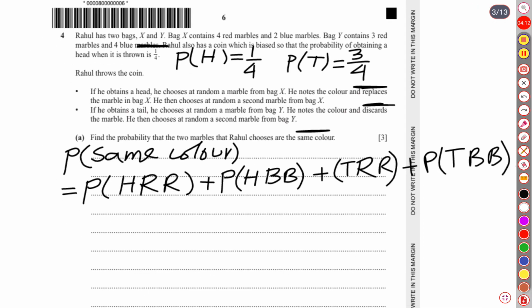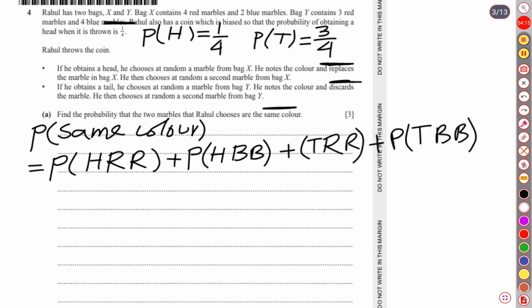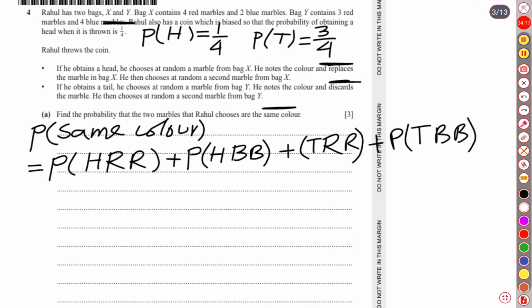Okay, now one after the other we are going to calculate the probabilities. Probability of H is 1 over 4, we have already written here. So 1 over 4, and for having the first marble red, let us see how many red marbles were there in the first bag. There were 4 red marbles. So it is going to be 4 over total, 4 plus 2, 6.